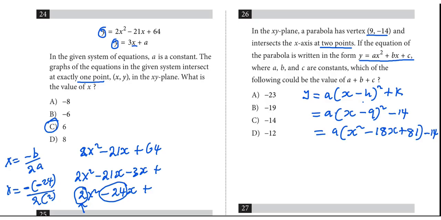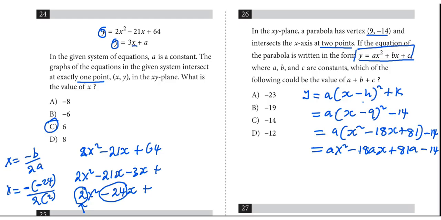So now we are going to distribute a into the parentheses. So this will become ax squared minus 18ax plus 81a minus 14.